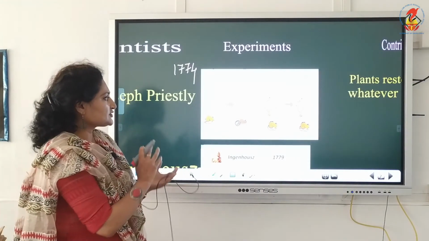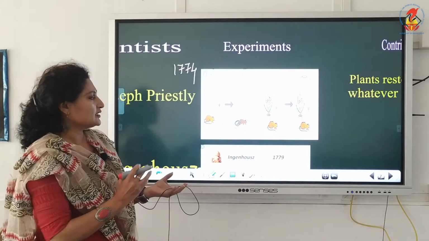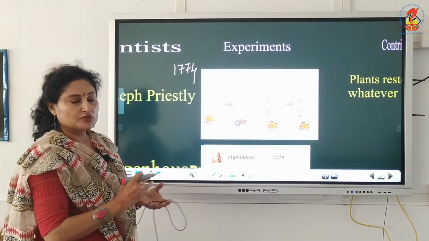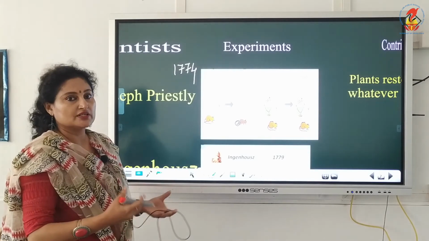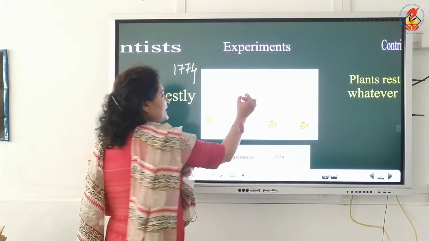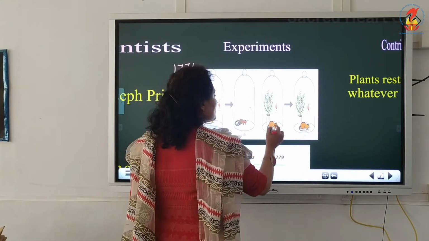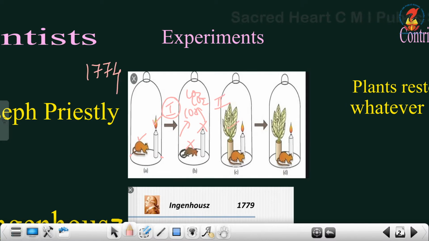So from this he understood that something polluted the environment due to the breathing of the animal and due to the burning of the candle. In the second part of the experiment, he included one more specimen, a mint plant. A healthy potted mint plant was introduced along with the animal, the rat, and the burning candle. And after some time, he found all of them hale and healthy.